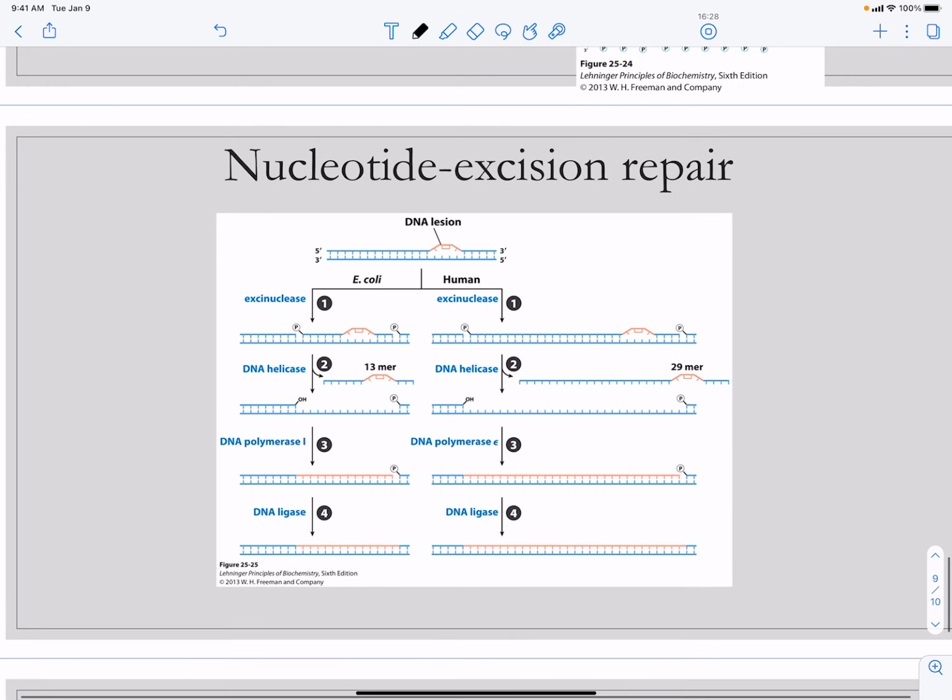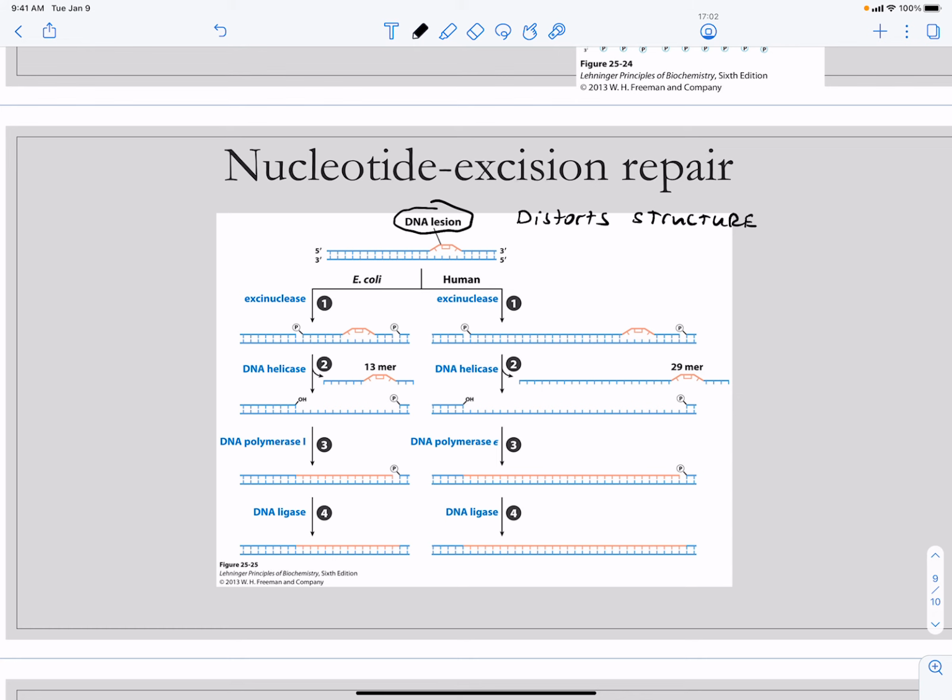Now the next one is nucleotide excision repair. When you have DNA lesions that are going to change or distort the structure, you're going to require these types of repair mechanisms. And so here again, you have a DNA lesion that distorts the structure. This distortion of the structure is going to require the removal of that distortion.